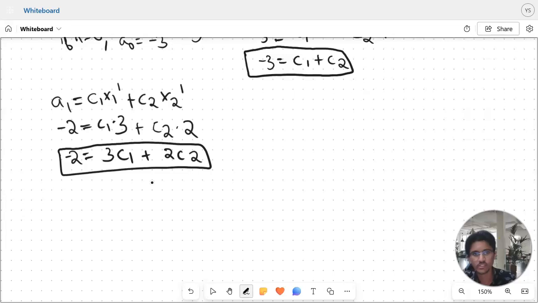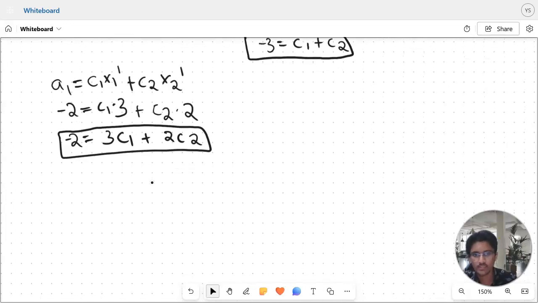Alrighty, we've gotten our two equations. Now we've got to solve for C1 and C2. So again, as I was saying, solving using the elimination process could help us find C1 and C2. So let's do elimination. Let's do C1 plus C2 so that we do it in the more conventional style.